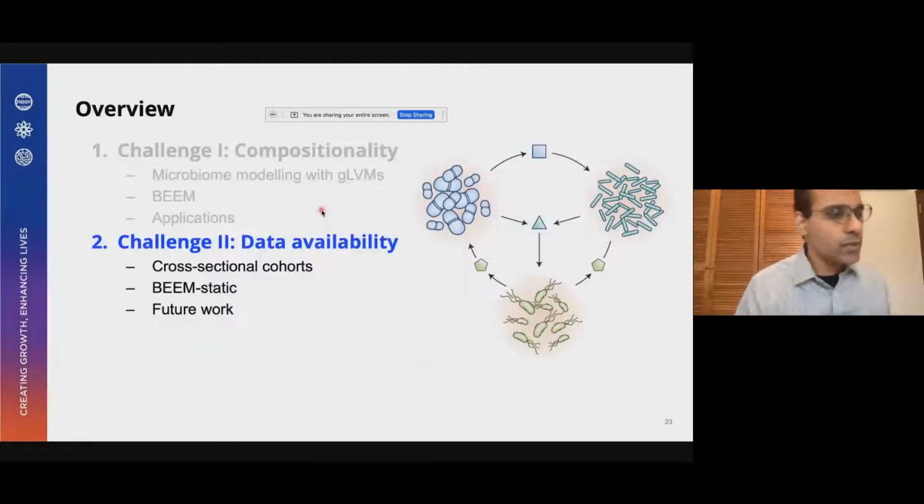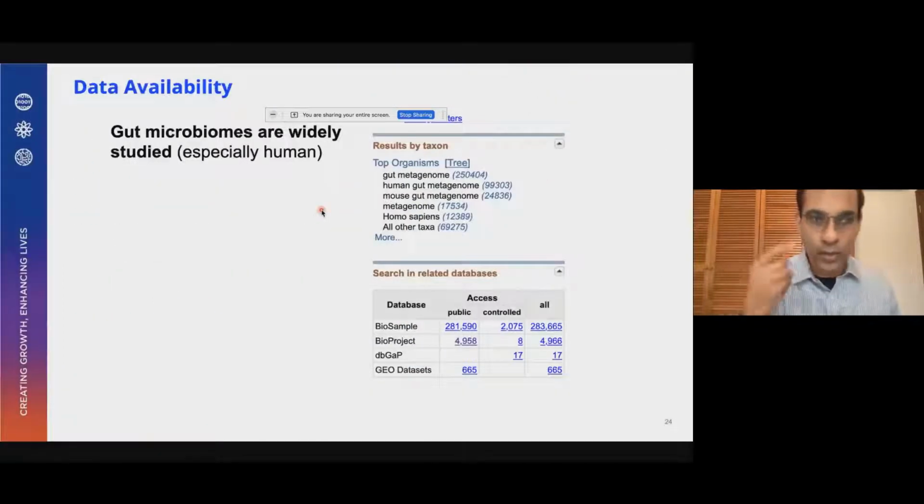Okay, so I'll switch focus to the second part of this work. This is an extension addressing another challenge that I think is quite important for microbiome modeling. Gut microbiomes are just a prototypical example here, because they're so widely studied, especially in humans. If you look up NCBI, you find that there are nearly 5,000 bioprojects out there.